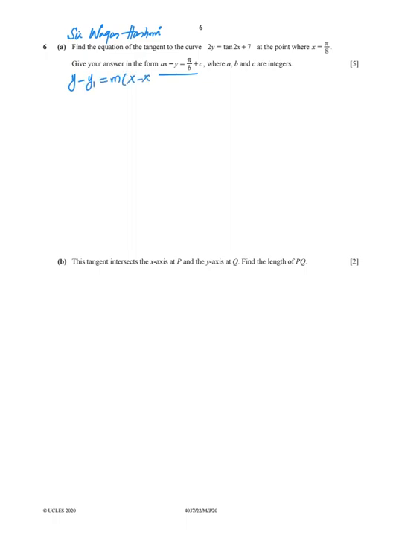For the equation of a line, what we need first is the gradient, right? To find the gradient, I will differentiate the equation, and the equation we have is 2y equals 10 tan 2x plus 7. If I make y the subject, y is 1 upon 2 of (10 tan 2x plus 7), right? So now I need to differentiate it.